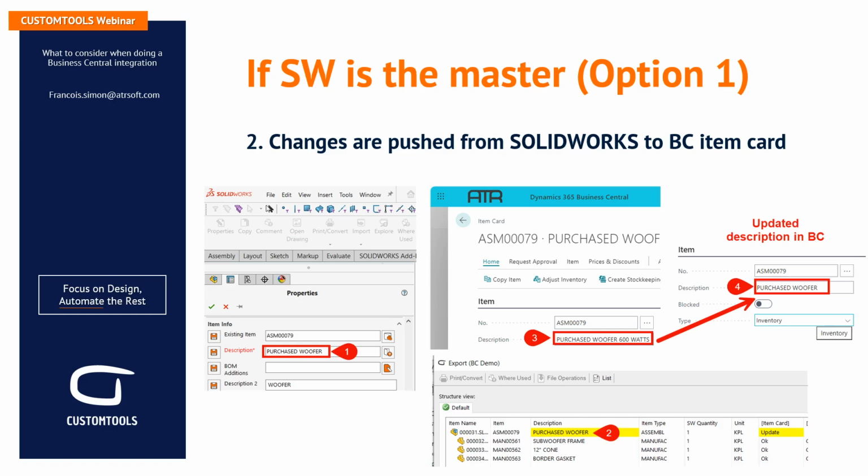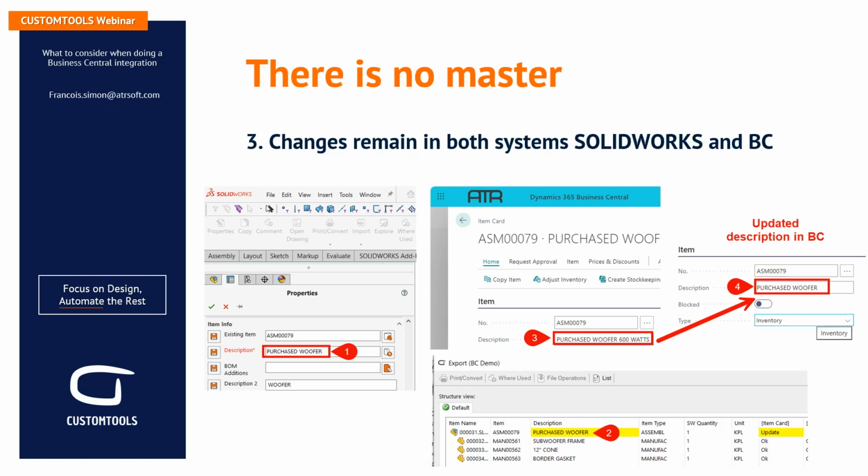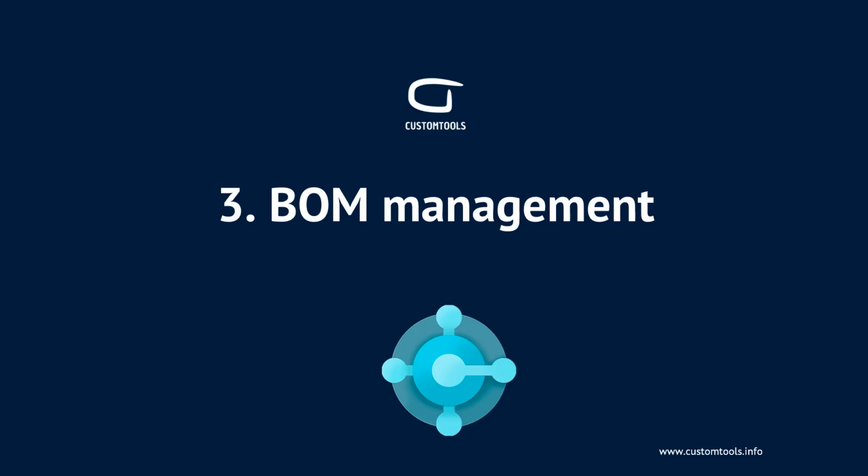In this case, if the description defined in SOLIDWORKS is different, it will be pushed to the item card. So you can see here we have the color code, and if it's yellow, it means that we are going to update the data in Business Central. Or then we can define that nothing gets updated and the differences remain as they are in both systems.